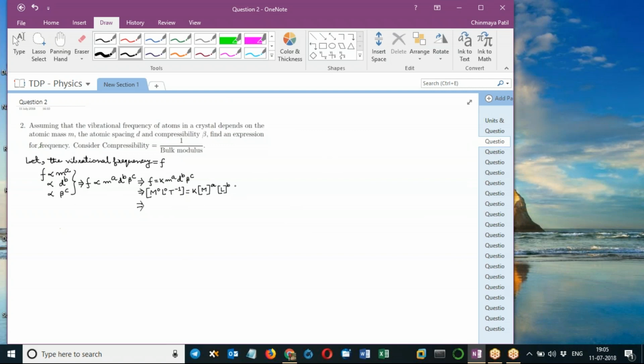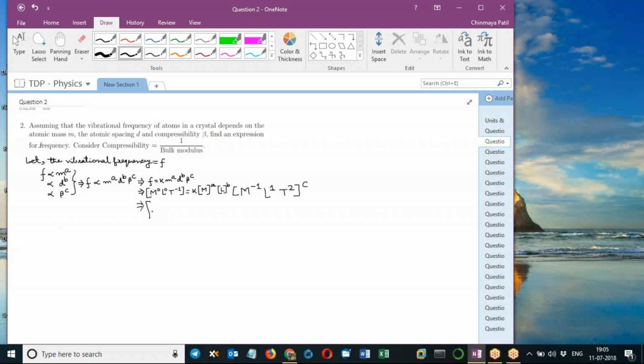So it is going to be m power minus 1, L power 1 and t power 2 power c, because 1 by pressure. So then on the left hand side, what is coming?